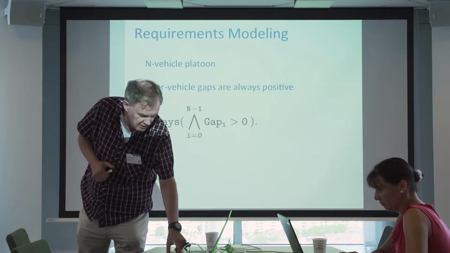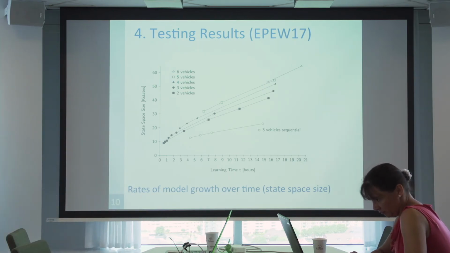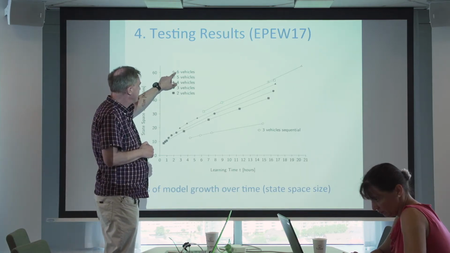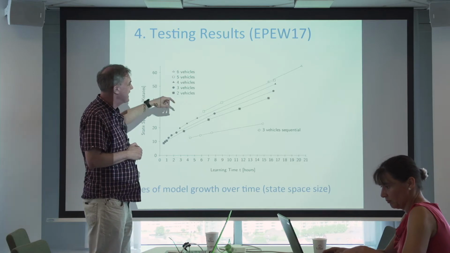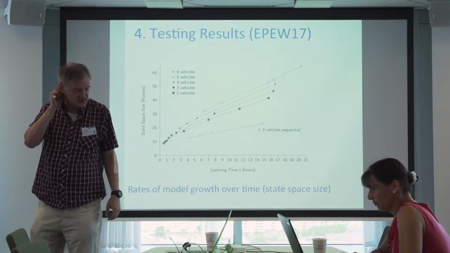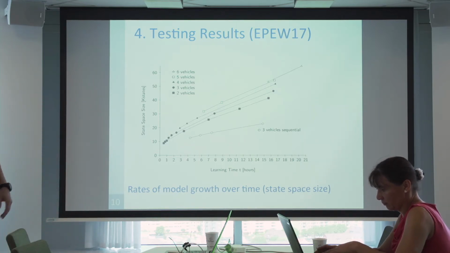So let's look at the earliest use case we studied, which was high-speed cruising, and we studied it for different platoon sizes. We hit this limit here because a hashing algorithm that we were using kind of blew up, and I still haven't had time to fix it, but one could fix it, and 6 vehicles is no inherent limit.